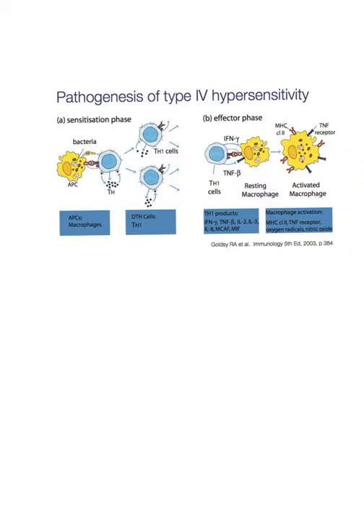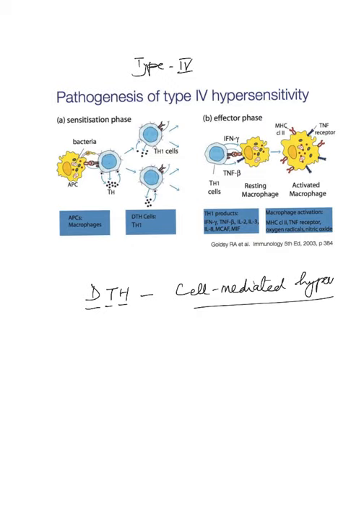So finally, we talk about type 4 hypersensitivity. Type 4 hypersensitivity is also known as delayed type of hypersensitivity, or also cell mediated hypersensitivity. Here there is no role of antibodies, only cells.